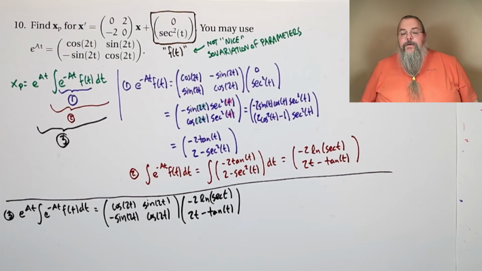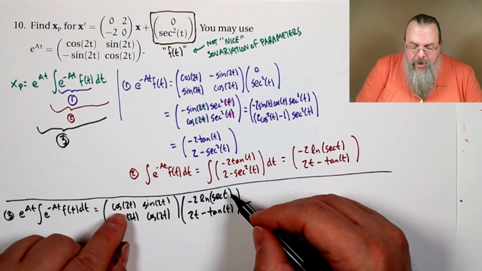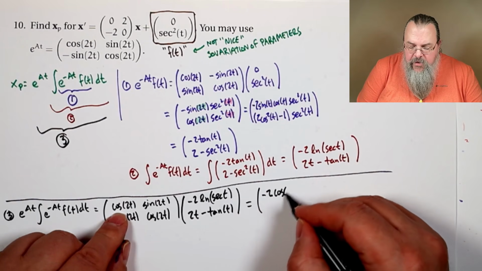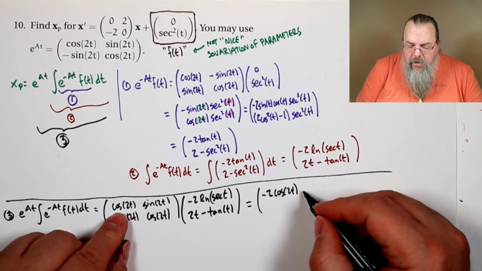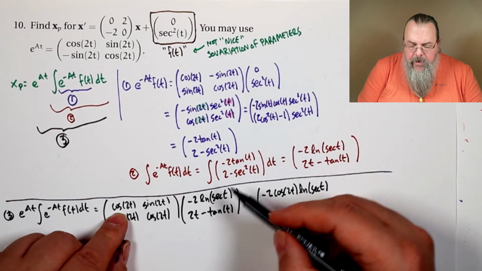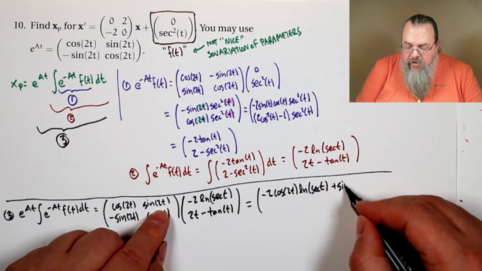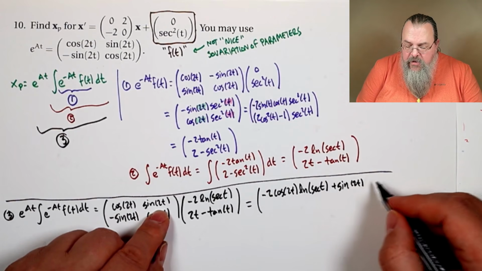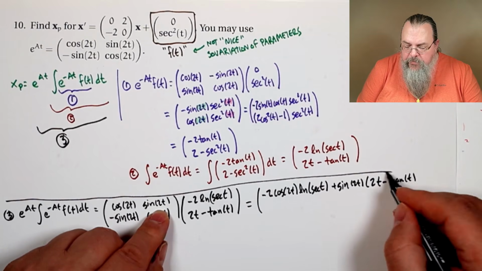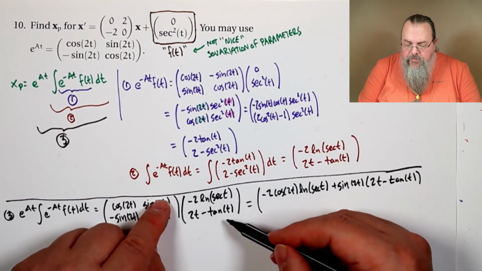And we work it out, right? So we do our multiplication. We'll have a minus 2 cosine 2t log secant t, plus sine of 2t times 2t minus tangent of t. Okay, so boom, boom.